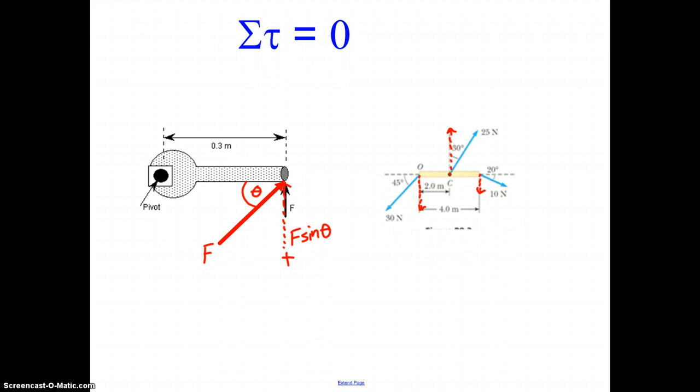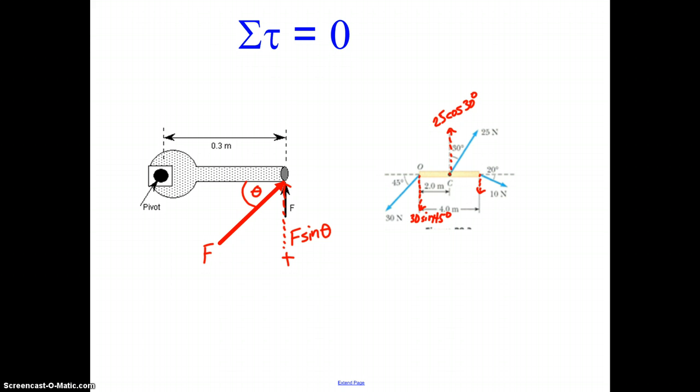If we take a look at the diagrams, how do we calculate this left component? It would be 30 newtons, or 30 sine of 45 degrees. Our component on the center force, since the component is adjacent to the angle, would be 25 cosine of 30 degrees.